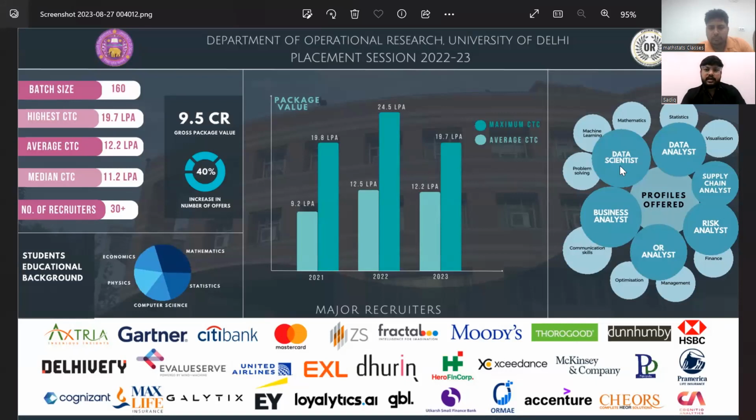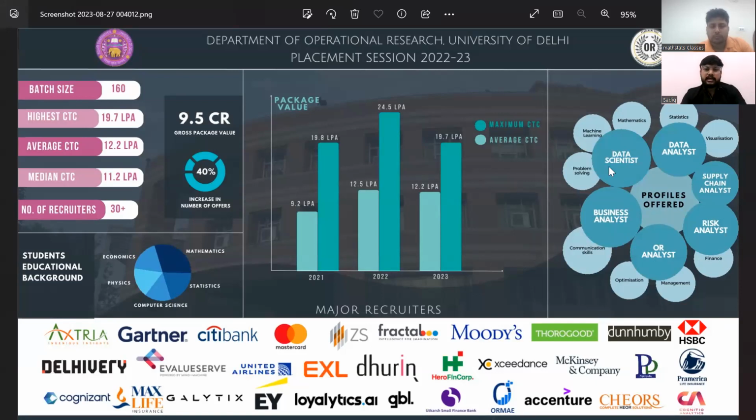You can also see the profiles: data scientist, data analyst, business analyst, OR analyst, risk analyst, supply chain analyst. You must have heard these names because they are really popular. They came into fame after 2017 to 2018, because in today's world data is the fuel of the 21st century.